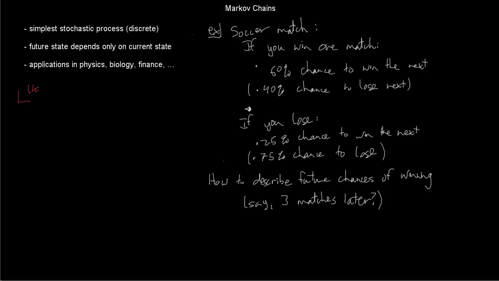Well, let me call it LK. LK is the percent chance of losing the kth match, the loss chance at the kth step. And WK can be the win chance at the kth step, the probability of winning the kth match.